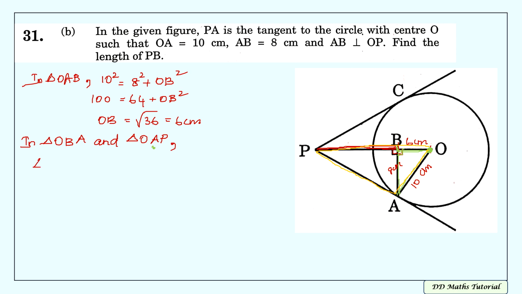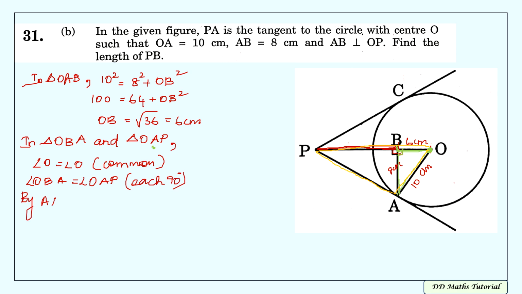Angle O is equal to angle O, which is common, and angle OBA is equal to angle OAP because each is 90 degrees. So by AA criteria, triangle OBA is similar to triangle OAP.